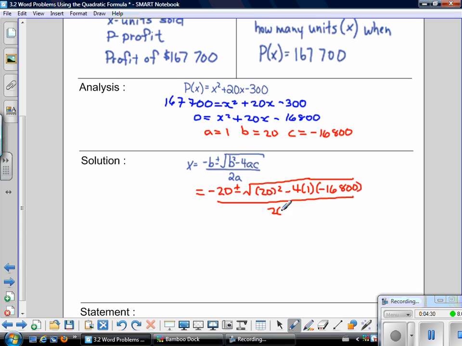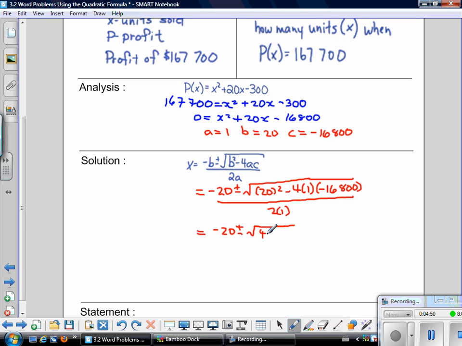Okay, so now it's just a matter of taking our calculator and actually calculating this. So we end up with negative 20 plus or minus, and I'm going to assume that you can actually use your calculator and calculate that in one step, which would be, well, maybe not.